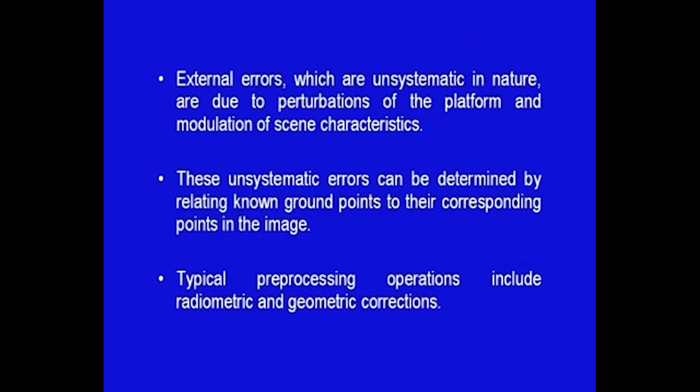External errors, which are unsystematic in nature, are due to perturbations of the platform and modulation of scene characteristics. These unsystematic errors can be determined by relating known ground points to their corresponding points in the image. Typical pre-processing operations include radiometric and geometric corrections.